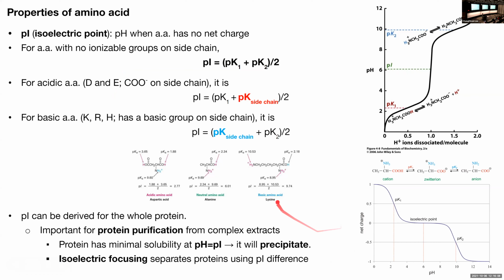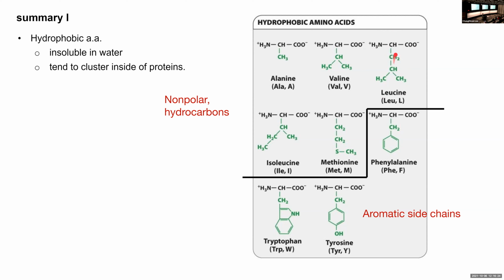Protein precipitates when pH equals pI, and that's called isoelectric focusing that we talked about, right? And here's how the charge changes. Here's a quick summary, but what I want to point out is you need to distinguish different amino acids by looking at the different structures here.